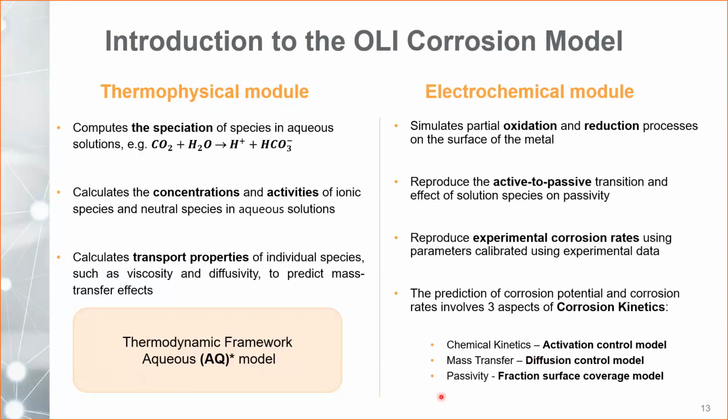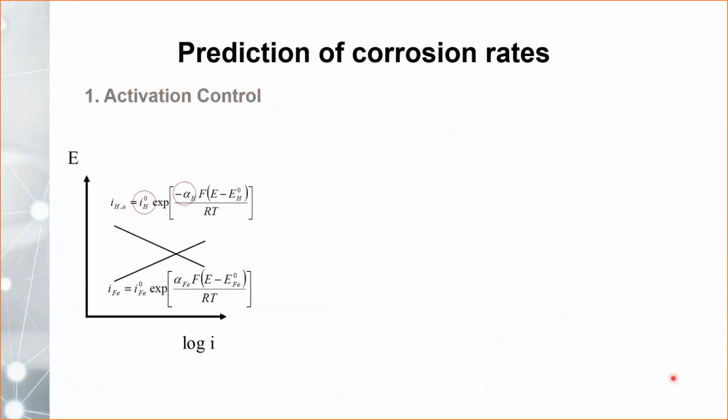And passivity is calculated using the fraction surface coverage model. This fraction surface coverage model was developed internally at OLI Systems to understand the passivity of alloys in different corrosive environments.